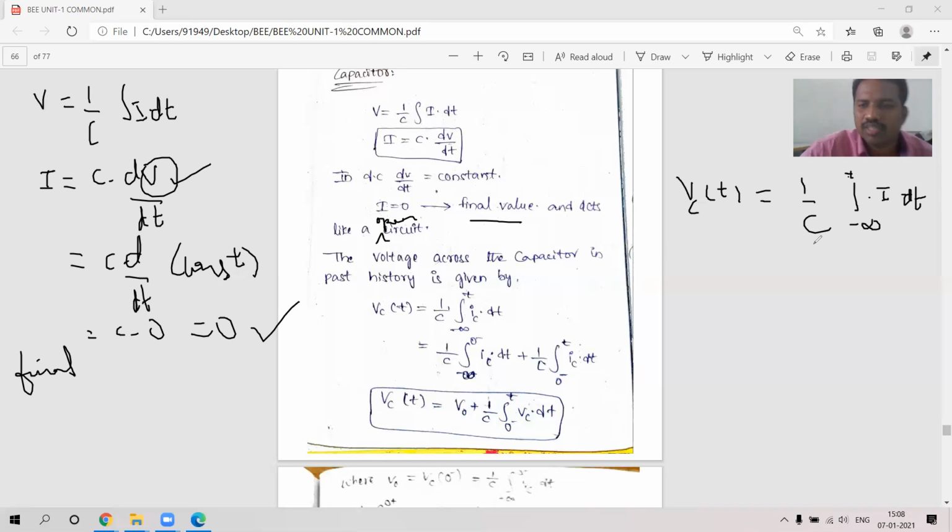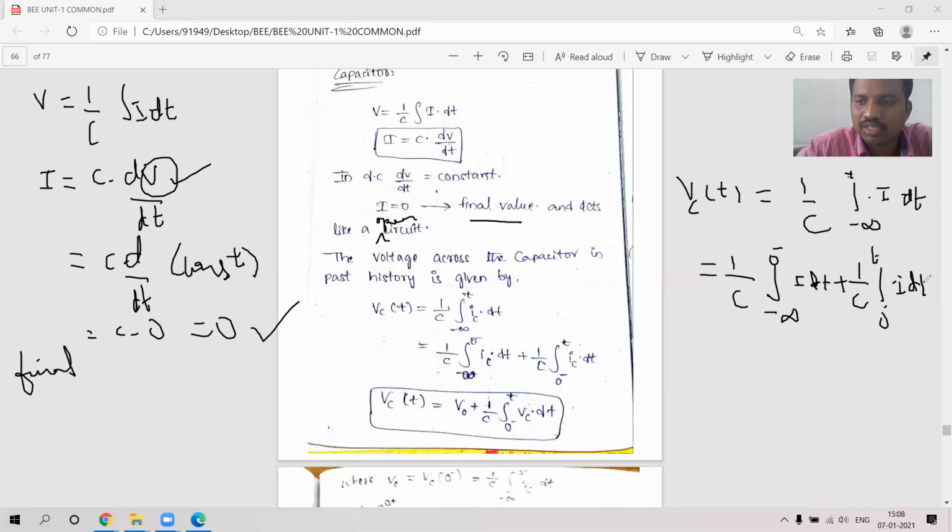When you expand this, we can split this into two parts. If I split, you are going to get 1 by C integral from minus infinity to 0 minus of I dt, plus 1 by C integral from 0 minus to t of I dt.